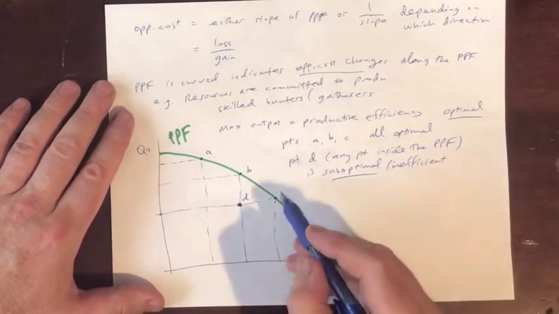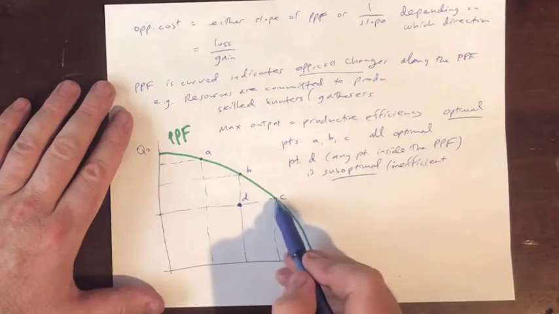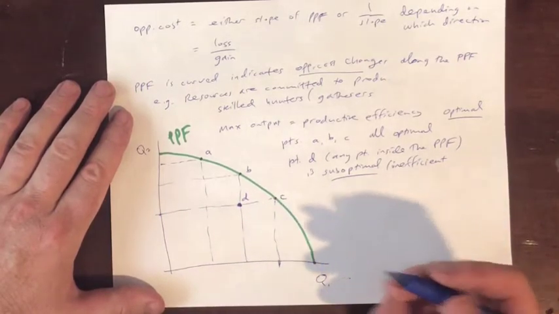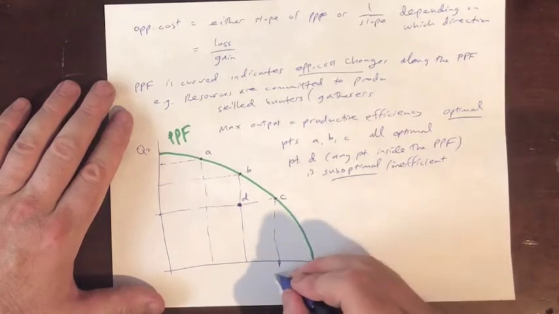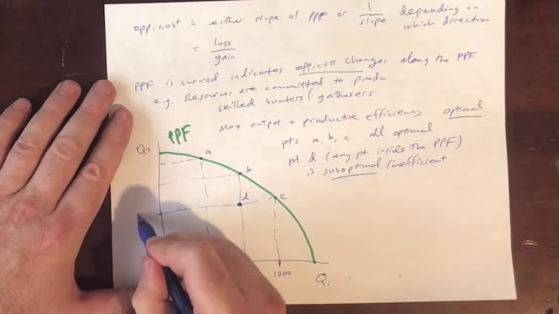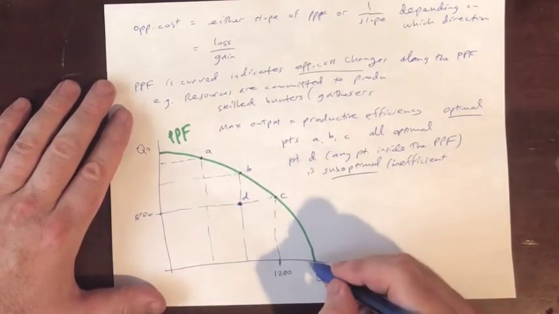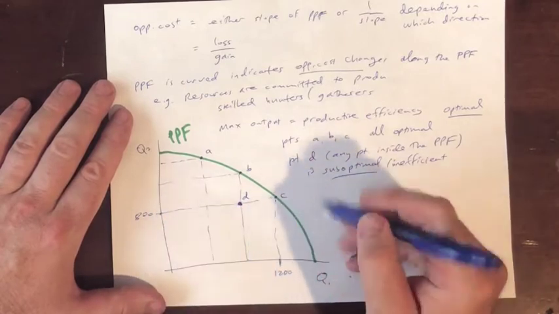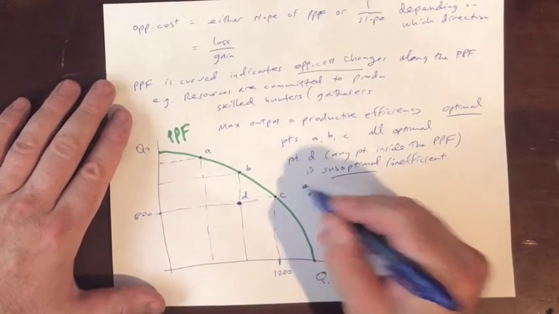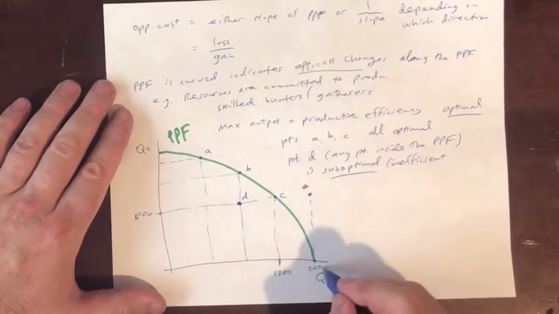Now, what about a point that's outside of that, okay? We're producing the same amount of good 2. Here's our maximum output of good 1. Let's say that this is 1200 over here, and this is 800, all right? But could we produce that same 800 and also produce, let's say this is point E, some amount more, like 2000?